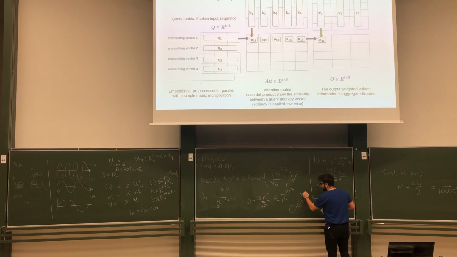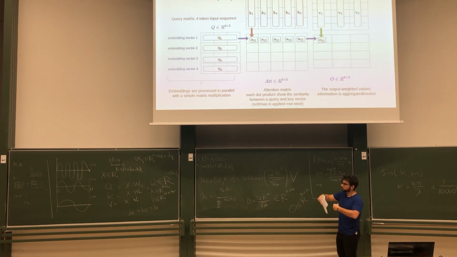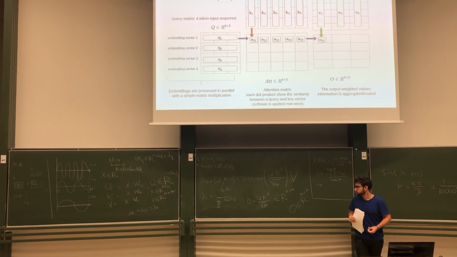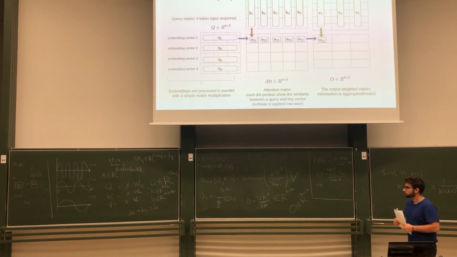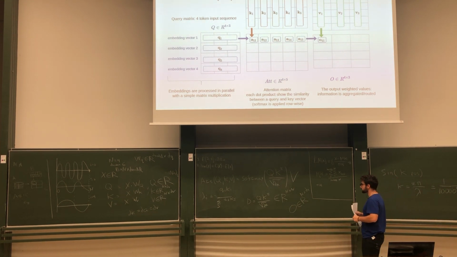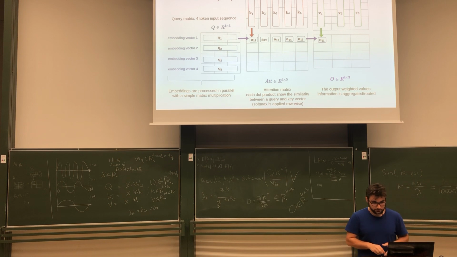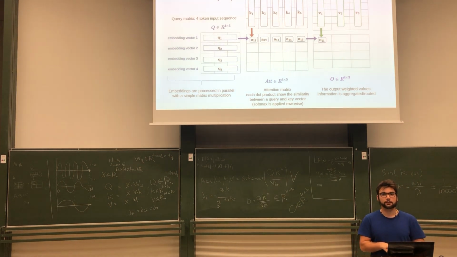Right, n times dk, because it's dv, but we said that we use the same embedding dimension for queries, keys and values. So this is the output of the softmax. And of course there's the batch size dimension; everything happens for all the sequences in the batch. Alright. It's probably a lot. Any questions so far?